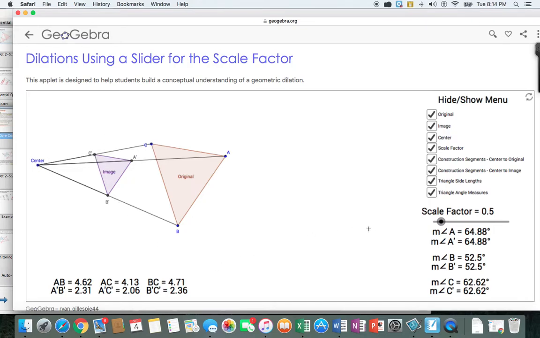So now the scale factor is a little different, and the new length of the side is half as much as the original length. So the scale factor is not only affecting the distance from the center of dilation, but it's affecting the sides. Again, not affecting the angles.